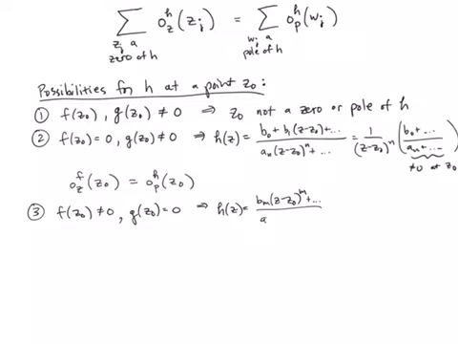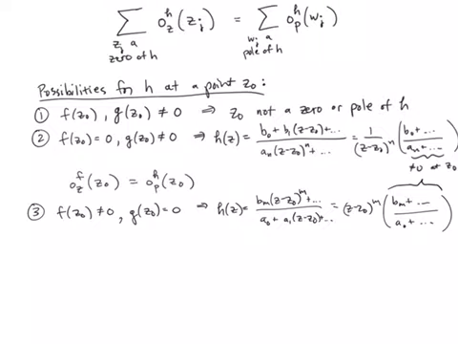F isn't equal to 0, so that's a naught plus a1 (z minus z naught) plus dot dot dot, and that's equal to (z minus z naught) to the m times (b_m plus dot dot dot) over (a naught plus dot dot dot). And this same thing, that function's not equal to 0 in brackets there at z naught applies.